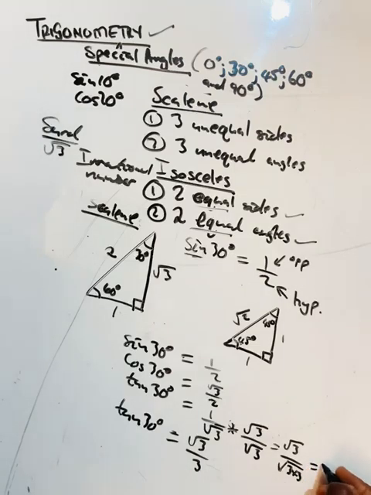So it equals square root of 3 over square root of 9. And square root of 9 is a perfect square, meaning that it gives us a rational number. So the final answer is square root of 3 over 3.